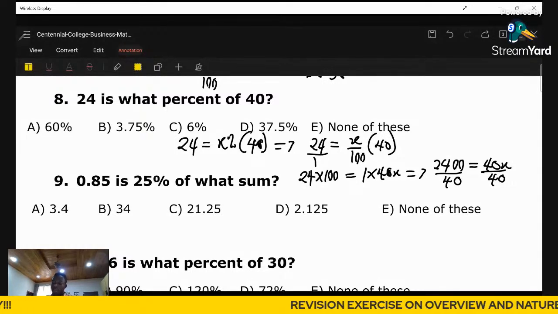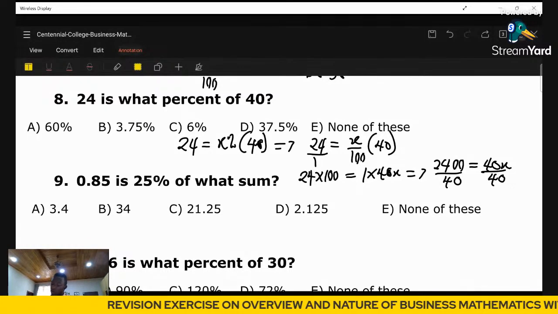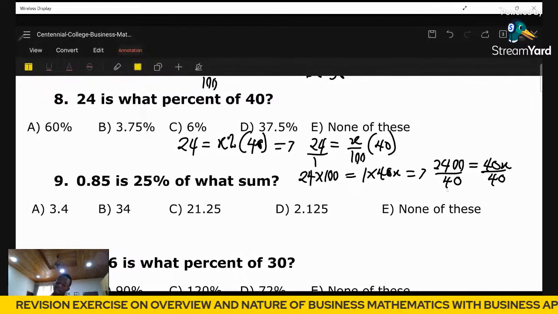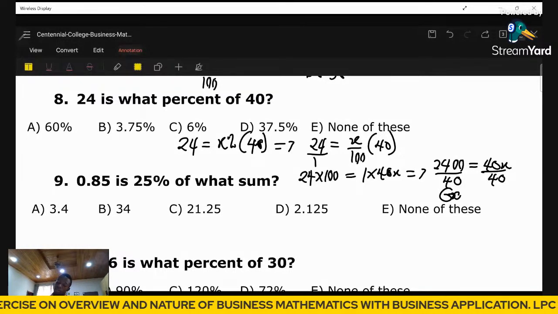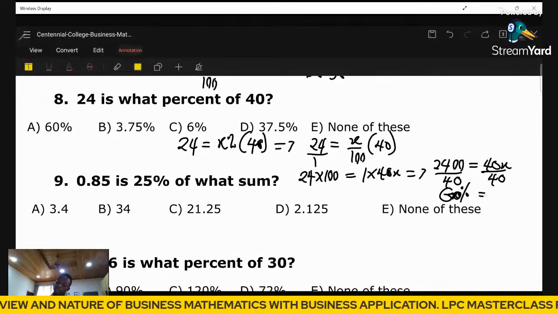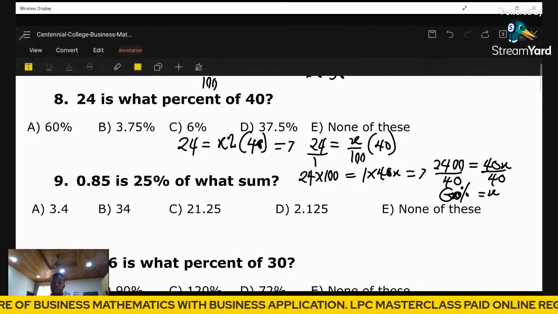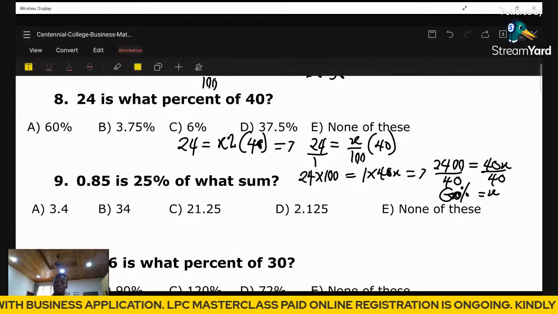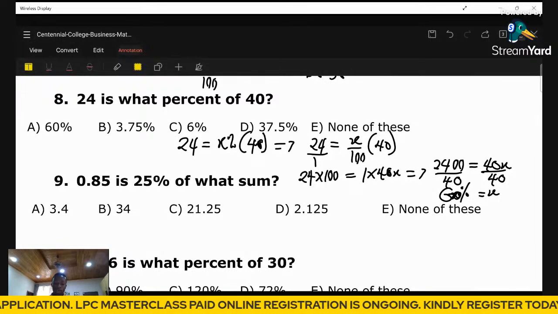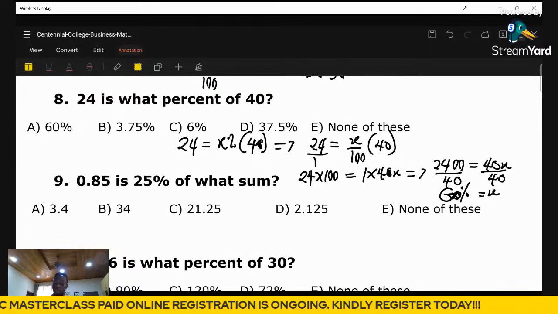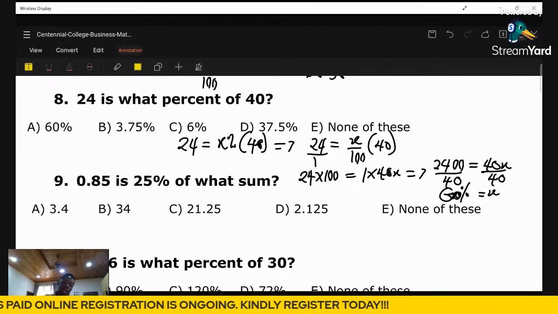And what are we getting as a percentage? In my case, I had X equal to 60%. So that means 24 was a result of a 60% application on 40, and we are getting 24. So that's going to be option A. So let's take note of that.